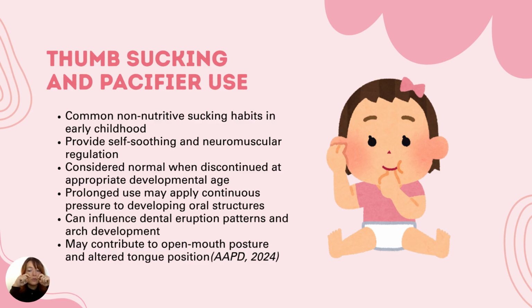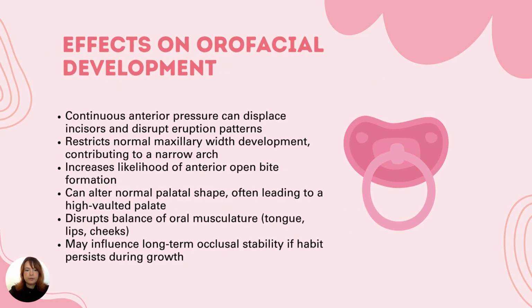If they do come through, they're resting on top of our lateral incisors, which would be 7 and 10. Lots of times we will have to refer our patients out to an orthodontist to try to get a palatal expander, or they will start orthodontics very early to try to increase that space for the canines to come in. This may contribute to open mouth posture and altered tongue position.